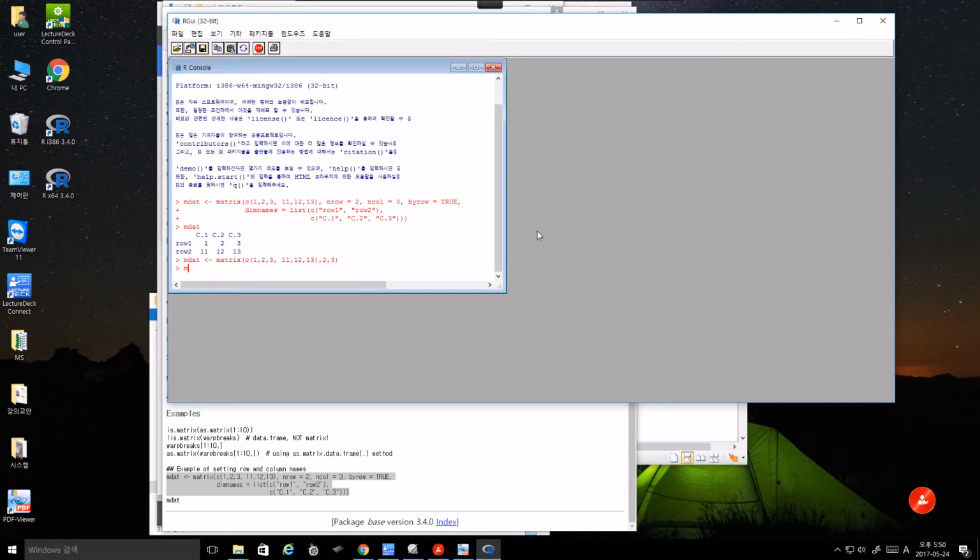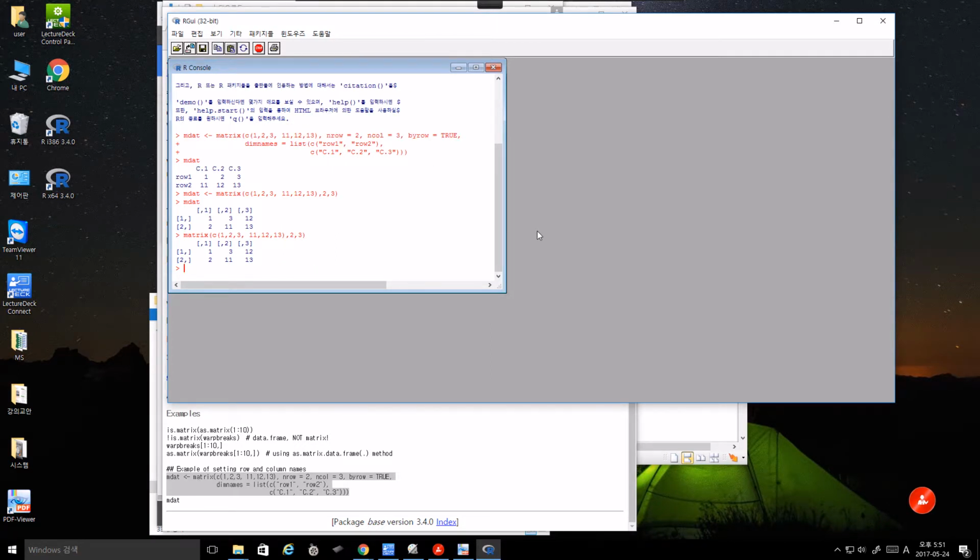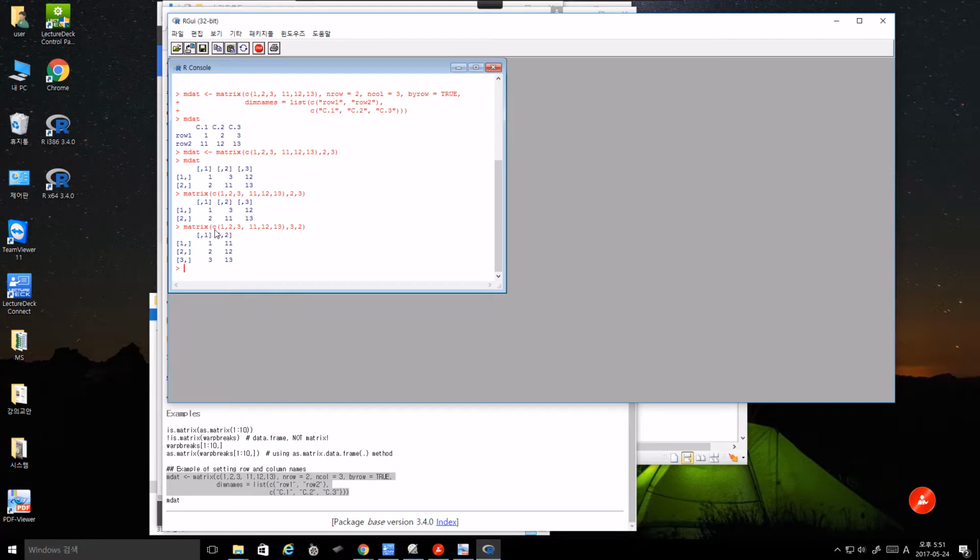Then we have something like this. Or if you want to take a look at the matrix directly, it is like this. Alternatively, if you type this again, 1, 2, 3, and let's make it 3 by 2, 3 rows and 2 columns, then it has 1, 2, 3 first, and then 11, 12, 13 this way. So it fills this column first and this one later.